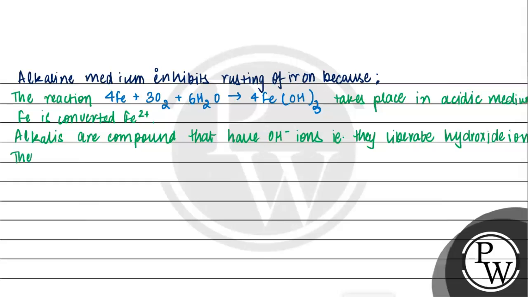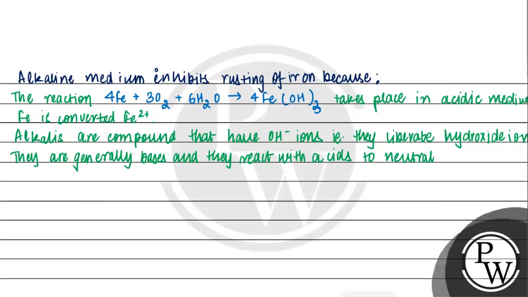Alkalis are generally bases, and they react with acids. हमें पता है बेस एसिड के साथ रिएक्ट करता है to neutralize, या फिर एसिड और बेस जब रिएक्ट करते हैं they form neutral salt, neutralize the solution to produce water.